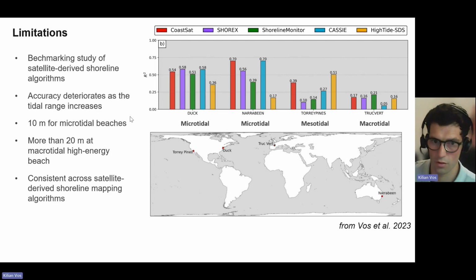The root mean squared error that we're getting was around 10 meters for mesotidal beaches, but then all of the algorithms had errors more than 20 meters at Truc Vert, a high energy macrotidal beach. So it's a consistent issue across all the algorithms, and it's something that people are actively working on to find a solution so that we can extend satellite-derived shorelines to these macrotidal environments.